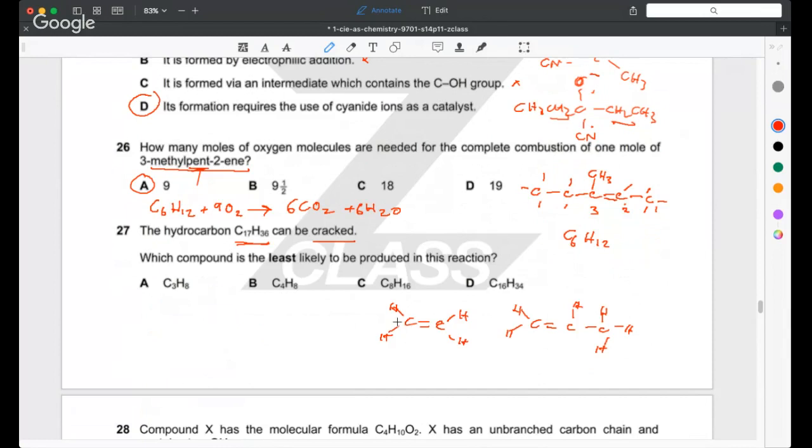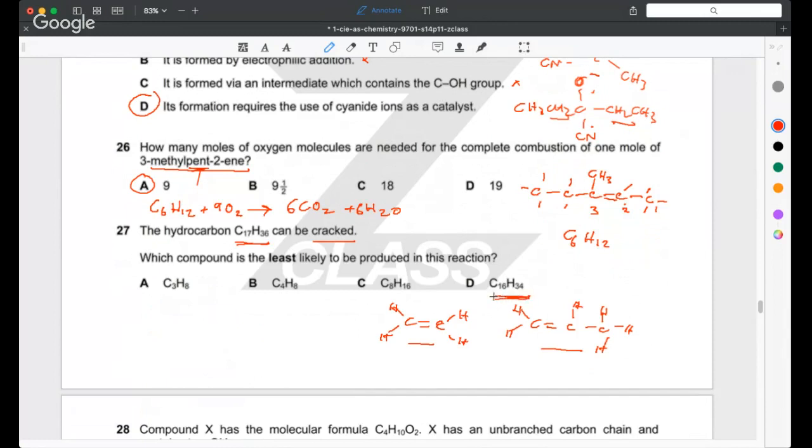All right. Now, if you look here, that's only 1 carbon shorter than the original hydrocarbon. So in cracking, of course, we're trying to reduce the carbon length by 2 or by 3 because we want to make these short chain alkenes. But here we've just reduced the carbon chain length by 1.